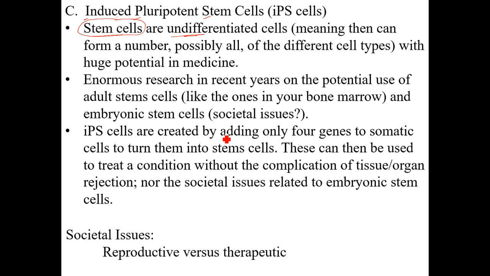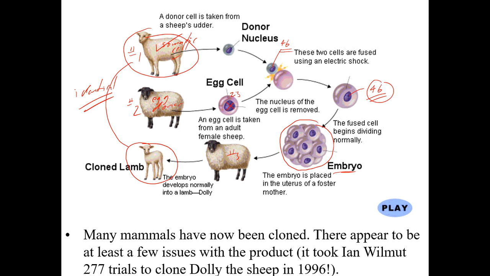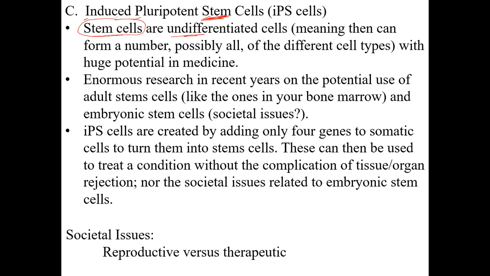But it's kind of difficult to take stem cells that are from the bone marrow and get them to form anything other than the blood cells. So can we kind of reverse the process and turn them into the equivalent of what we have right here, the zygote or the early embryo, which can become any one of the hundreds of different cell types? So that is what they did come up with, and those are called induced pluripotent stem cells.